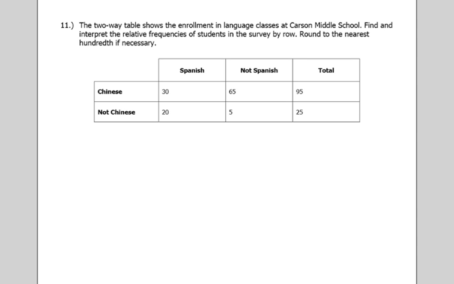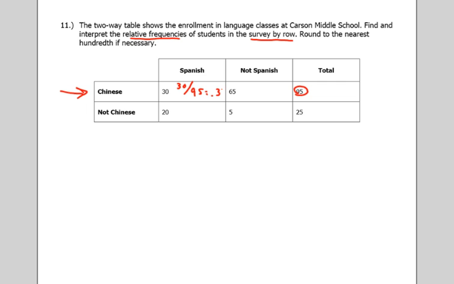On the last page, there's a two-way table. So it says find the relative frequencies by row. So I'm looking at this row right here. Students that take Chinese and Spanish is 30 out of 95. I'm using that row, so this is my total for that row.